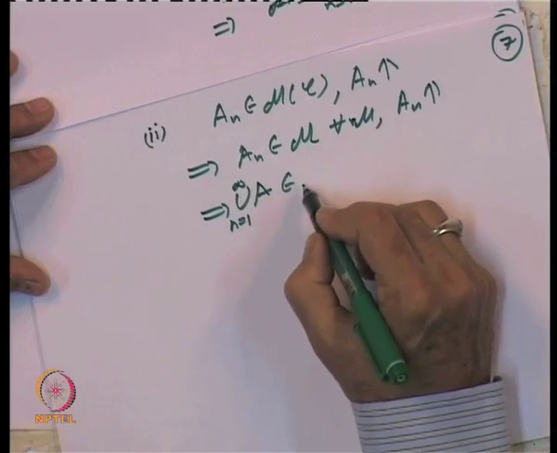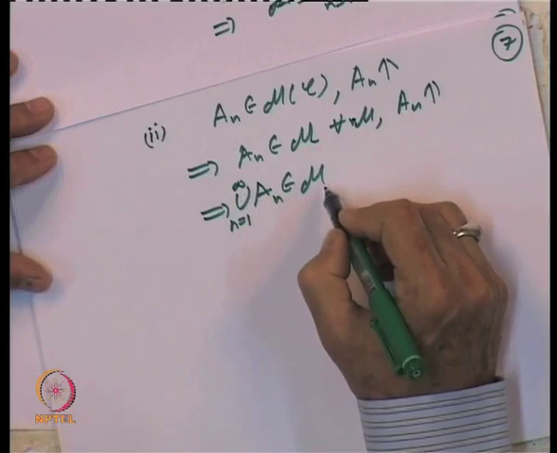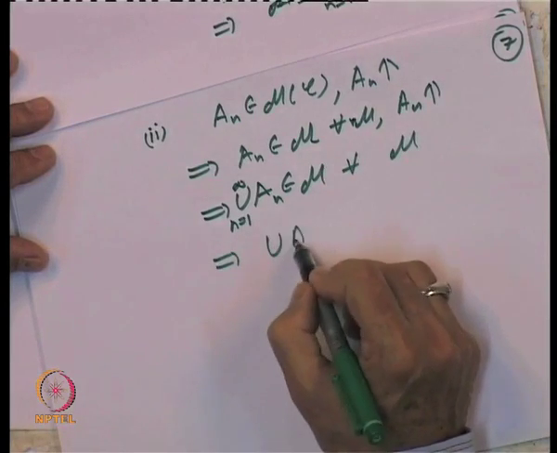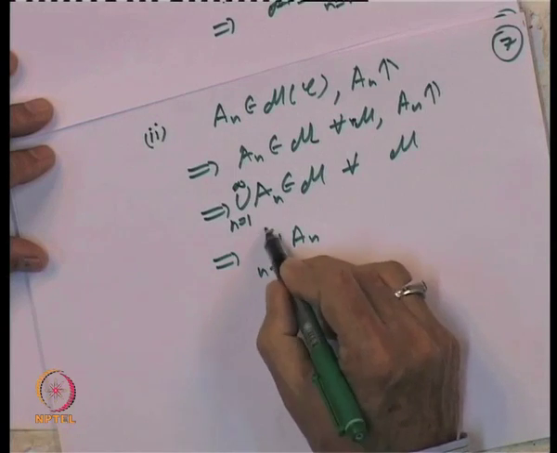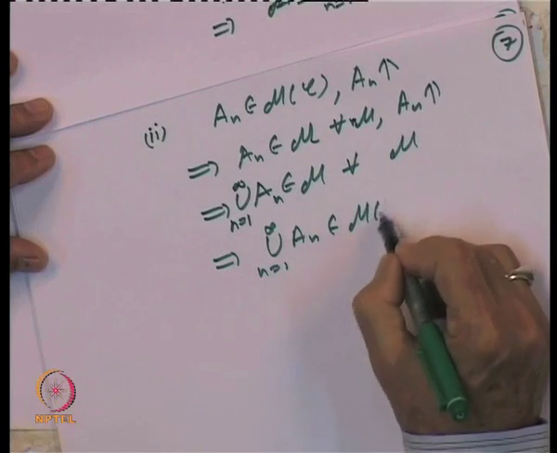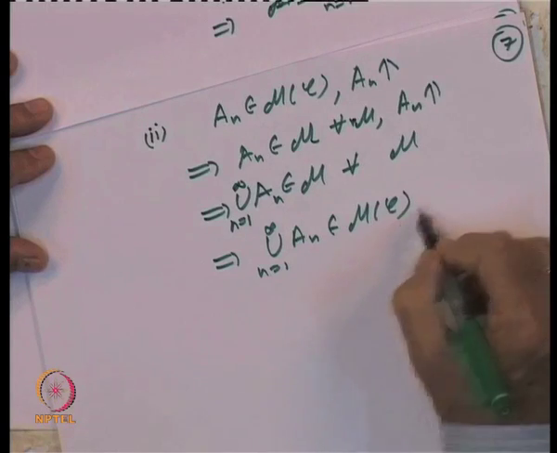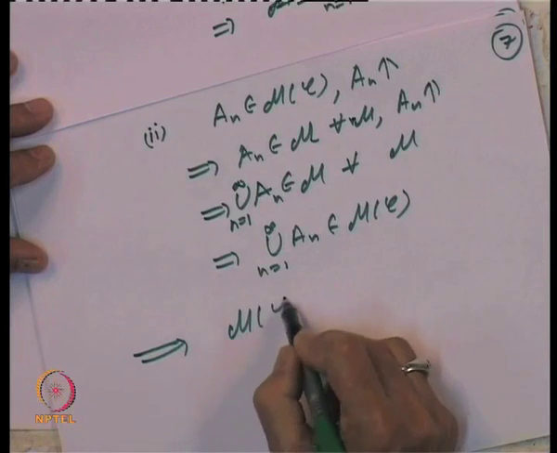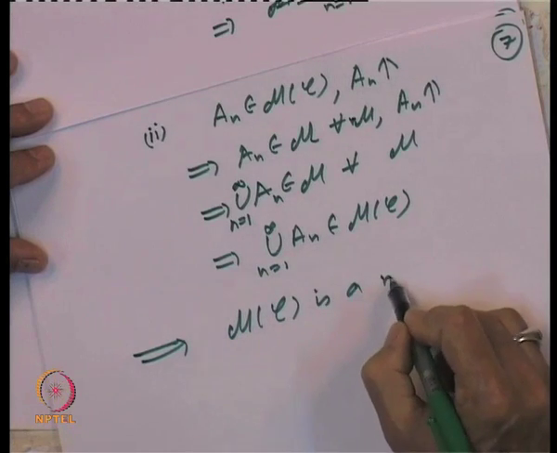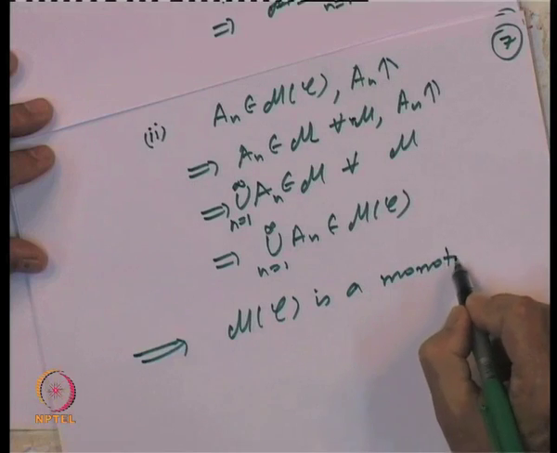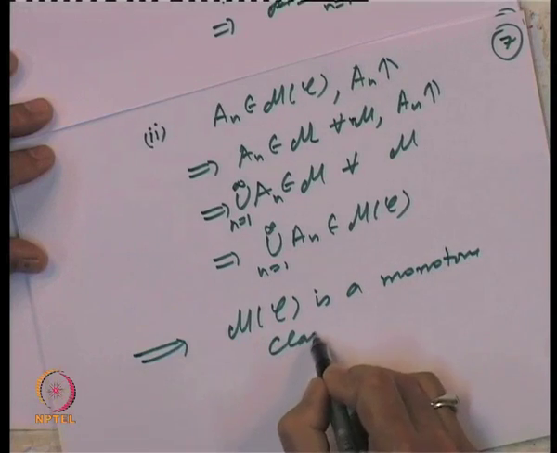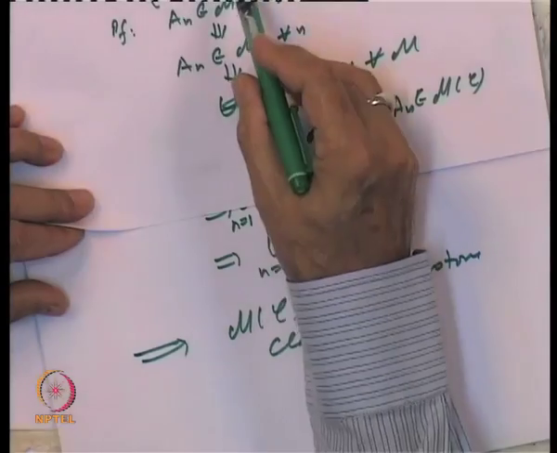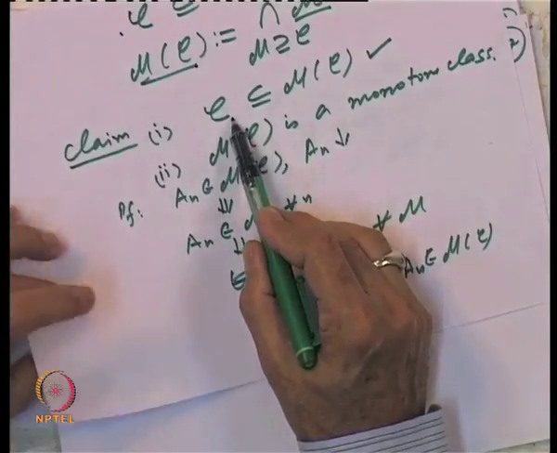So, the union belongs to M for every M, and that implies that the union of A n's, n equal to 1 to infinity, belongs to M of C. Hence M of C is a monotone class. So, it is a monotone class that includes the collection C.